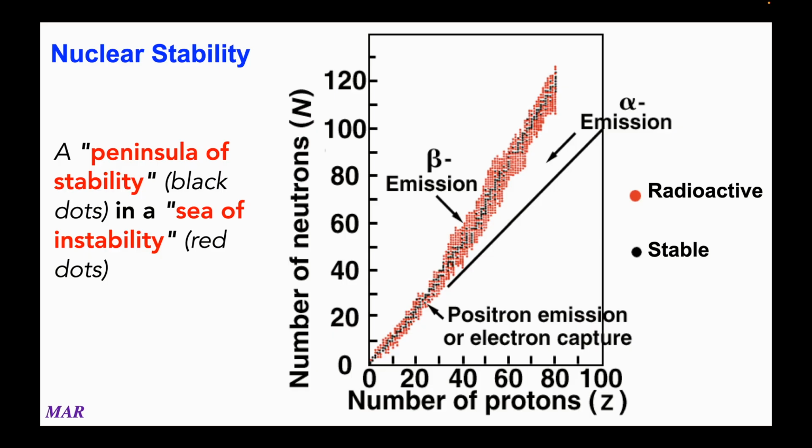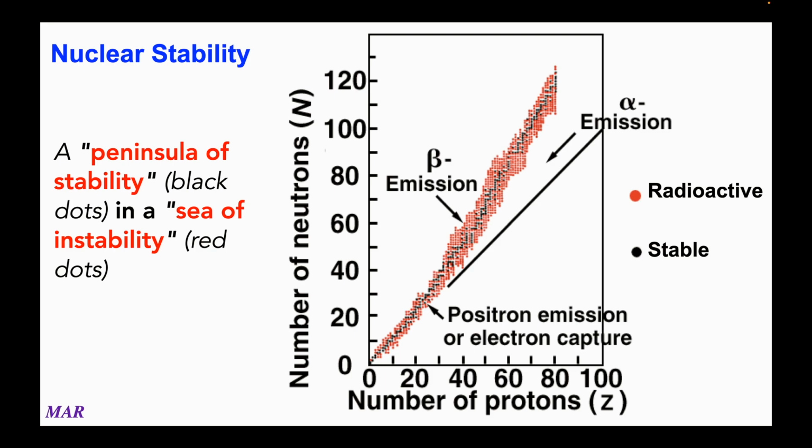So if you use your imagination a lot, this particular graph is called the peninsula of stability graph. Now, a peninsula is a part of land that juts out into a lake, and so all around the peninsula you have water. In this version, the peninsula of stability is the black dots.